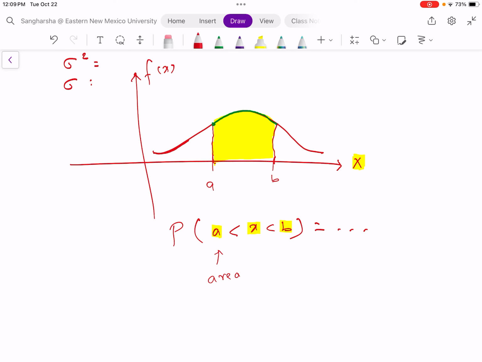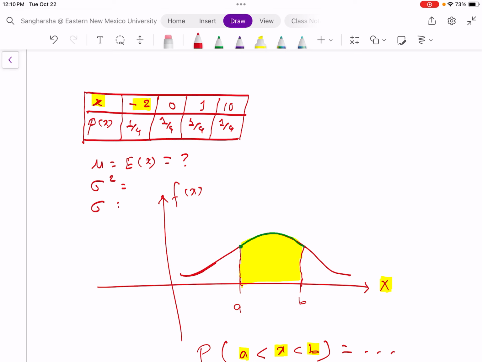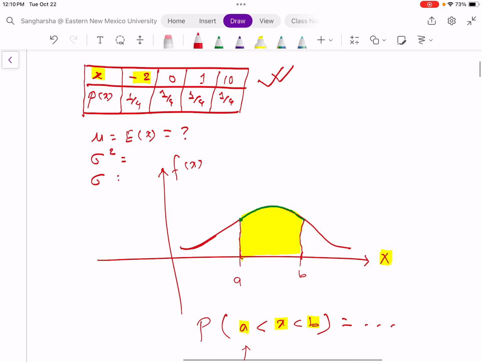Okay. Now in this chapter 6, you will not be given this probability distribution. We have to find this distribution. In chapter 4 and 5, you were given a discrete probability distribution, you were given a continuous probability distribution, and from that distribution we calculated mean, standard deviation, variance, and probability.